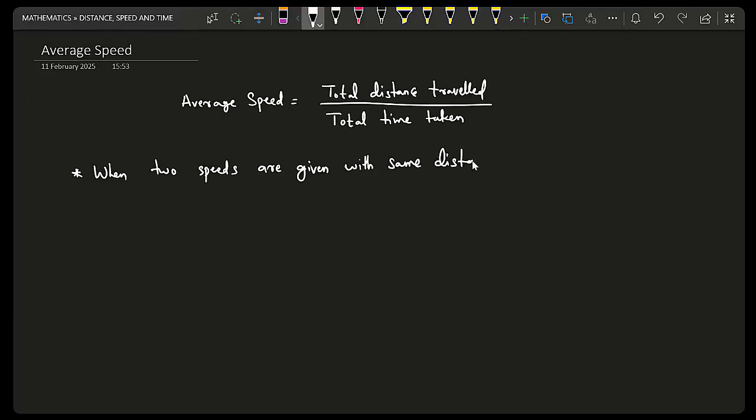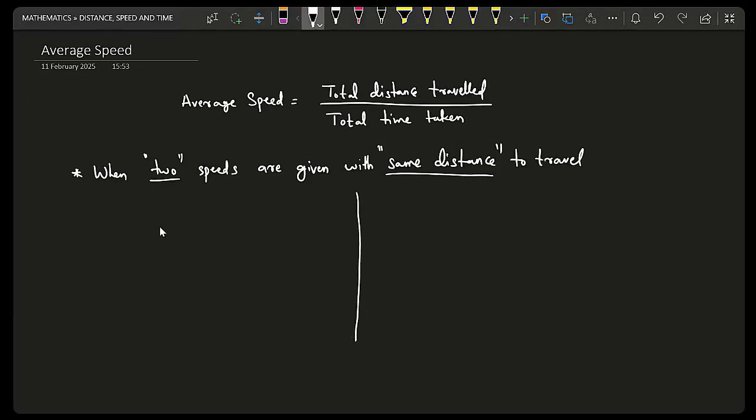The condition to use the shortcut is that they should have the same distance, and it only works for two speeds, not more than two. More than two speeds can also be derived, but generally in your syllabus they don't give more than two. When two speeds are given with the same distance, we can derive a shortcut for this formula.